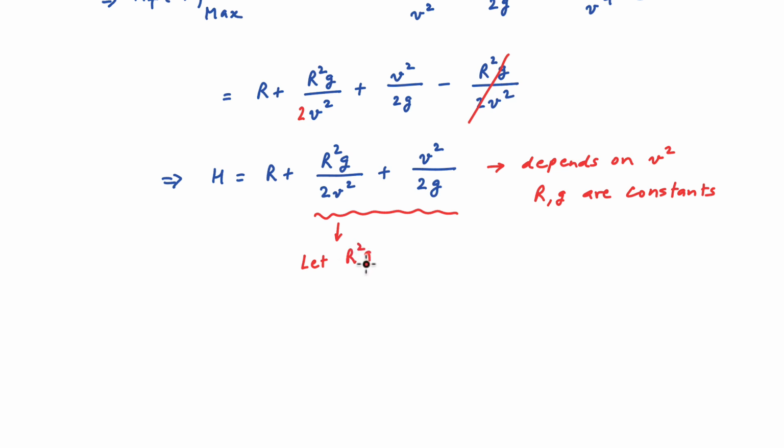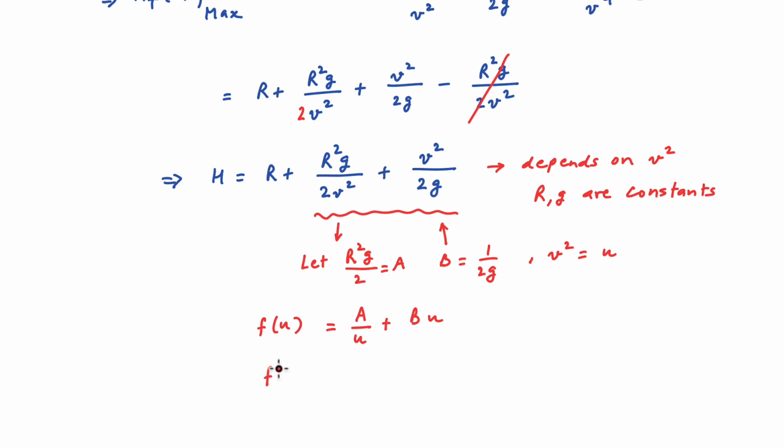Let's denote r squared g upon 2 by A in the second term, and in the third term, 1 by 2g by capital B. And let's denote v square by u. Therefore, the second and the third term combined become A upon u plus B times u. This is a function of u. Let's denote it by f of u.